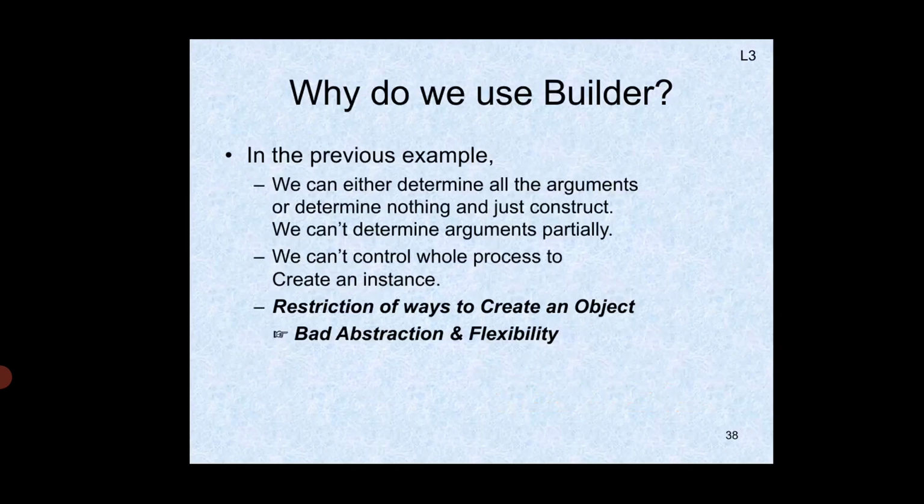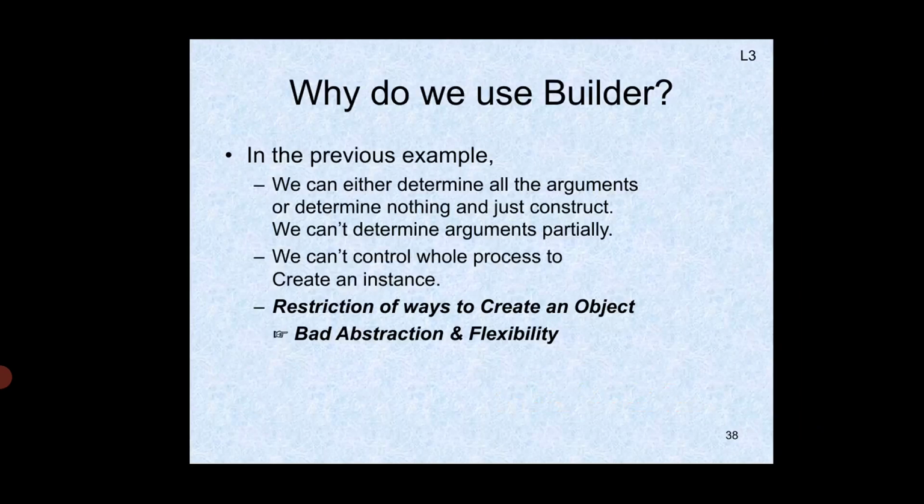Okay, in the previous example we need to determine the arguments there. We can either determine all the arguments and just construct, or we can't determine arguments partially. So we can't control the whole process of how to create an instance.